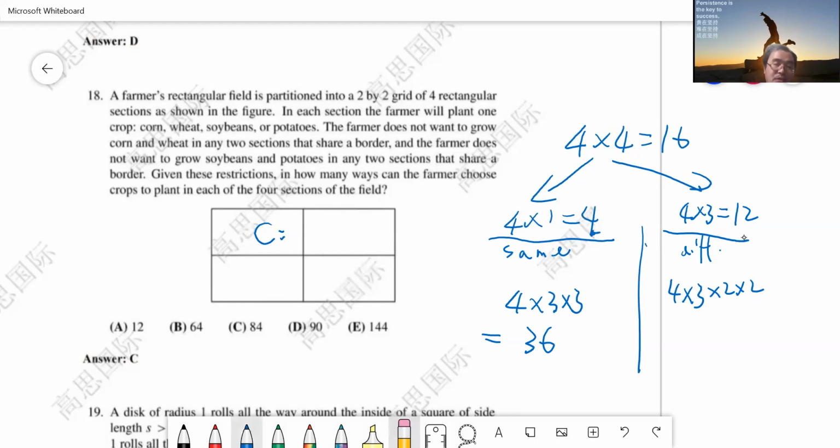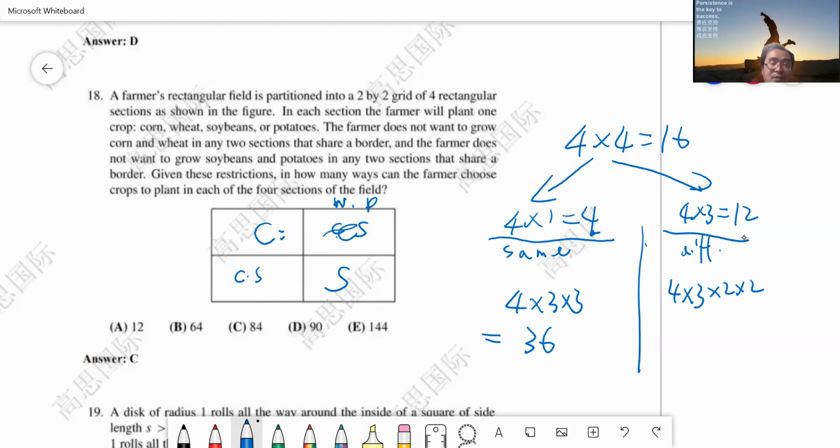If I change this to the soybean, for example, right? So this cannot be this one, and this cannot be wheat or potato, right? The only thing we can have is either C or S. Similarly here, this is also C or S. That covers all situations.